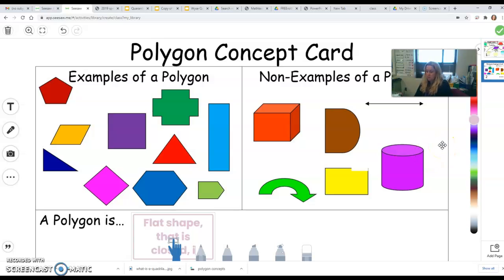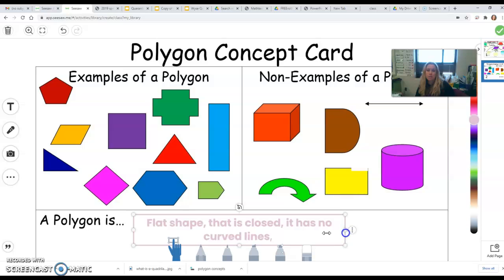It has no curved lines. And it can have any number of sides. So a polygon is a flat shape, so it cannot be 3D.